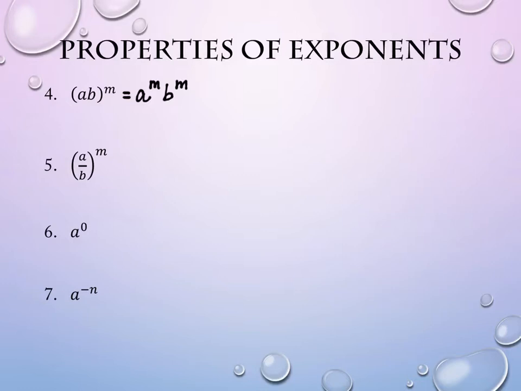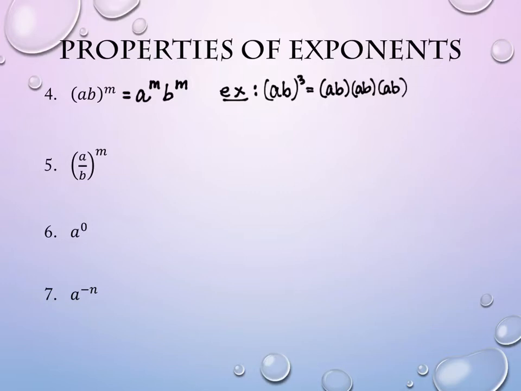If the a and the b were added, this wouldn't work. It would not be true. So again, let me show you why it works, and we'll do this with a power of 3. So a power of 3, of course, means that we multiply something by itself 3 times, right?